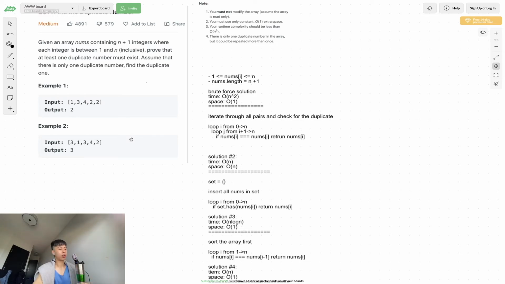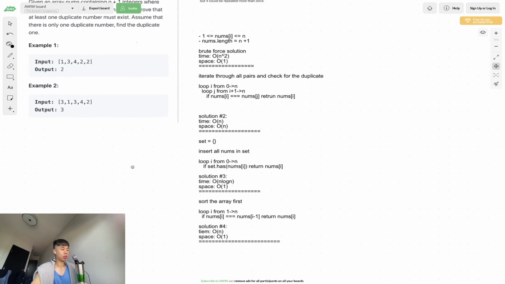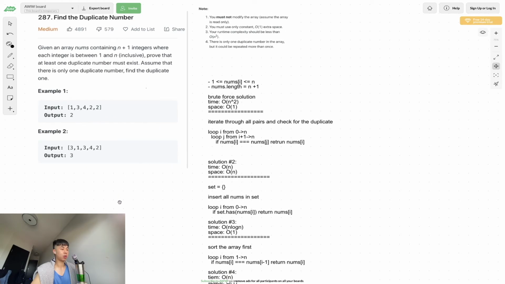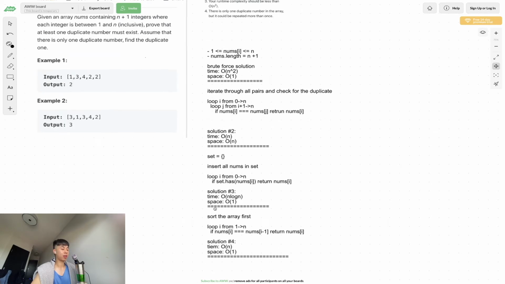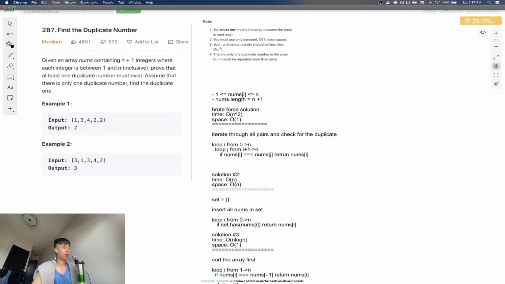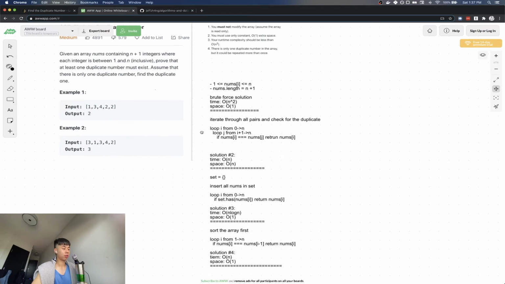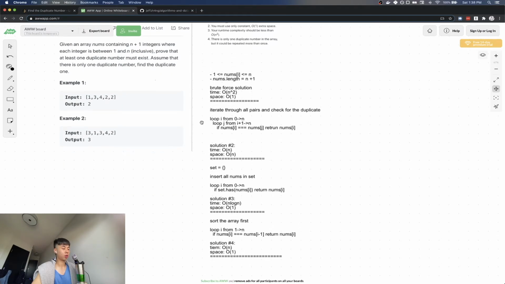I don't see it at all, and if we can't modify the data structure and we can't have another data structure, n log n seems to be the best time. Since I'm really familiar with these type of questions, I know n log n would work for sure, but I don't see the solution with O of n.